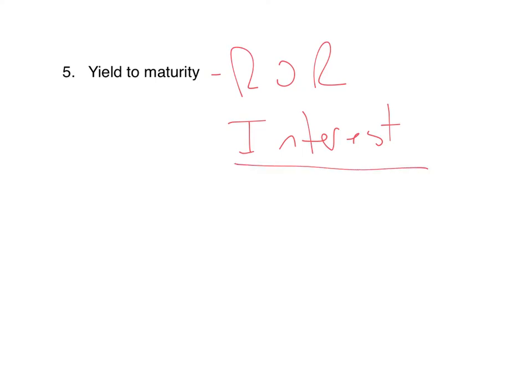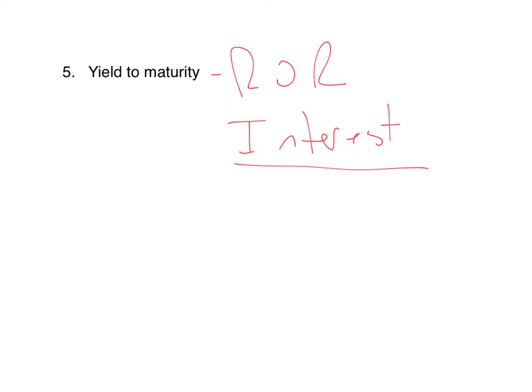The fifth component of a bond is called the yield to maturity. Yield to maturity is the rate of return on a bond. It is sometimes referred to as the interest rate on a bond. Now that's a little bit confusing because we sometimes call the coupon rate interest rate as well.